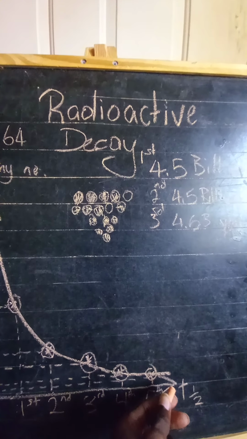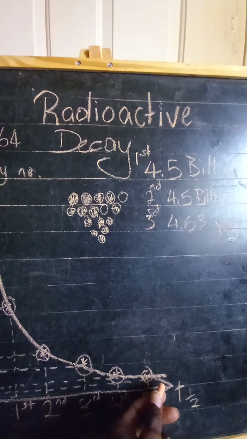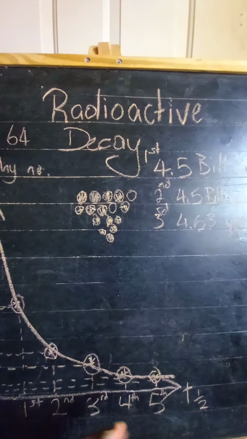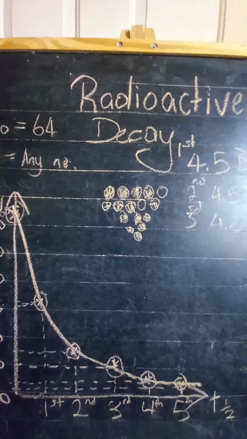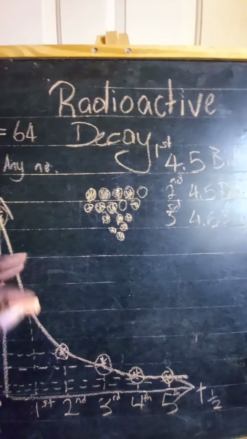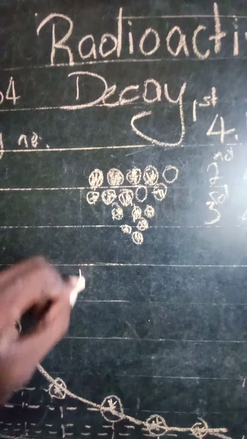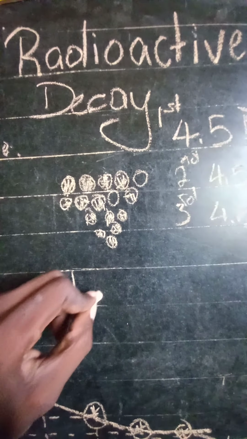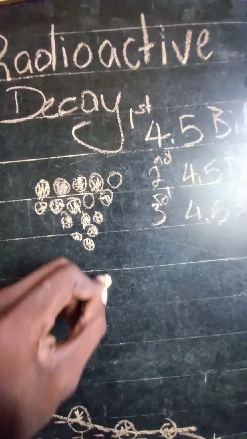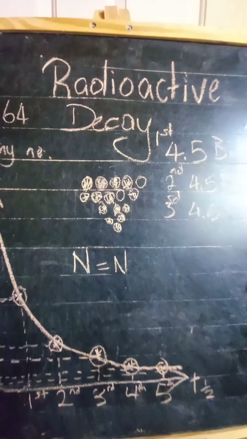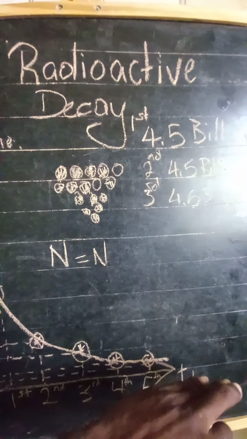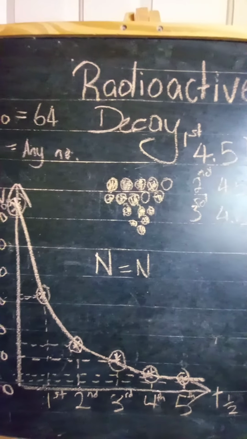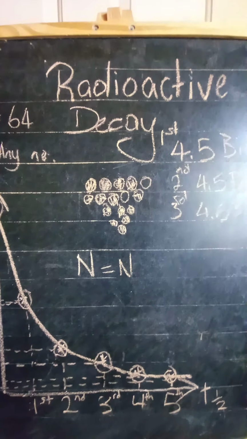But what happens is that the activity will decrease so much that it will take a longer time to reach 0. Also, this graph is an exponential graph, so it will tend to 0. It will not reach 0. It will tend to 0.